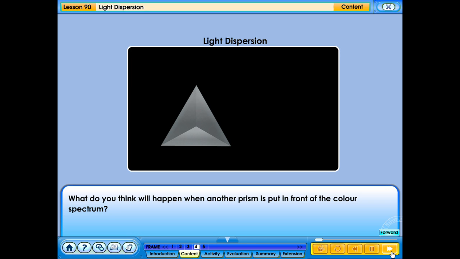What do you think will happen when another prism is put in front of the color spectrum?